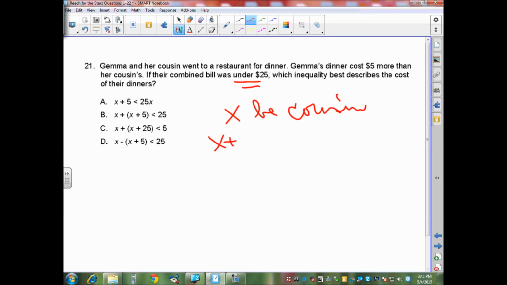Gemma's meal is going to cost x plus 5. And it says the combined was under $25. Your answer is going to be, there's the cousin, there's Gemma, and added together, it's under $25.